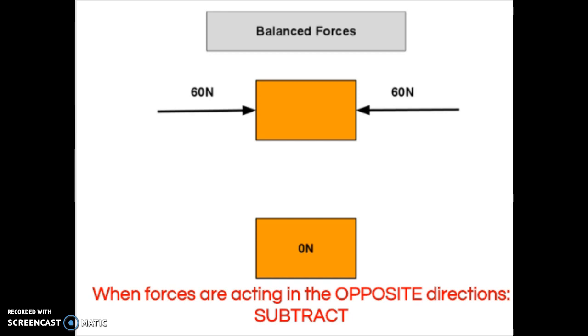Here, these forces are also opposite. I have 60 newtons to the left and 60 newtons to the right. When the forces are opposite, you subtract, and I get 0 newtons. So remember, when there is no number value, 0, it is a balanced force.